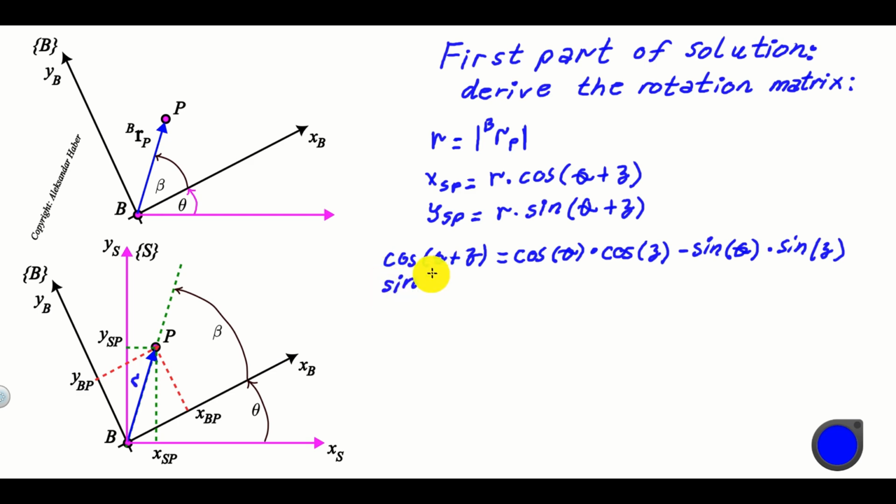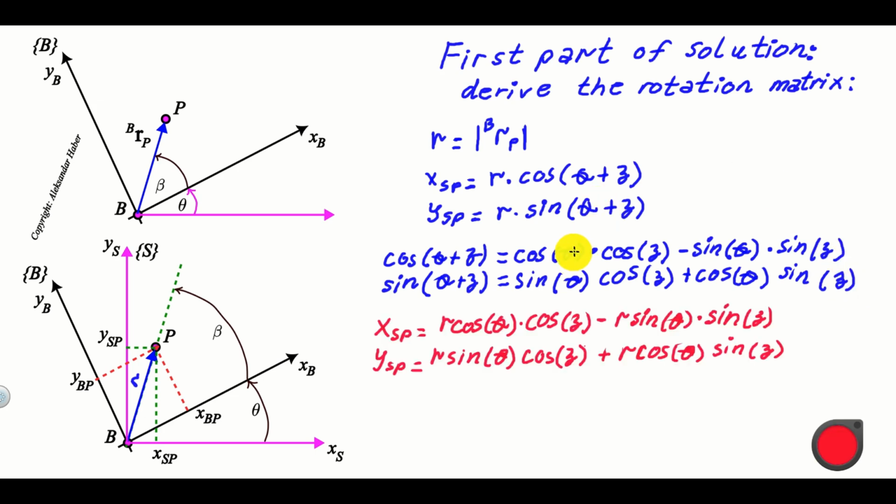So we have sine of theta plus beta, and this is equal to sine theta cosine beta, plus cosine theta sine beta. If we substitute these two formulas in these two equations, we obtain the expressions for XSP and YSP. You can see them over here.